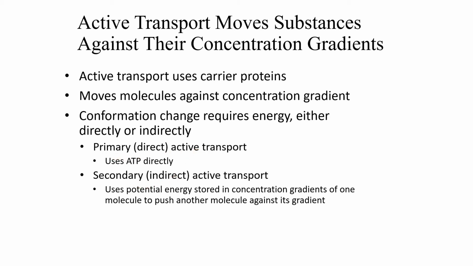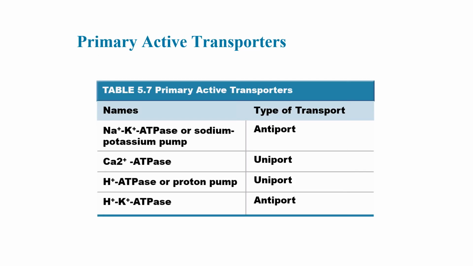Some of them, we refer to as secondary active transport, and that means they're not going to use energy directly, but the way they are going to move the substrates is that they are going to rely on the kinetic energy or the potential energy of one substrate to allow the movement of another substrate. I'll show you an example to make it more understandable.